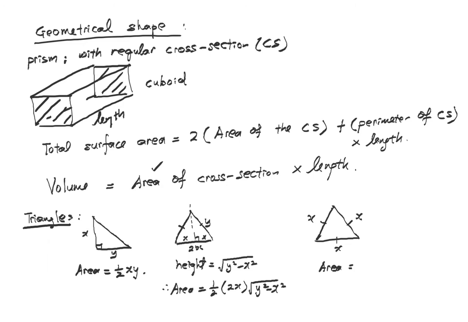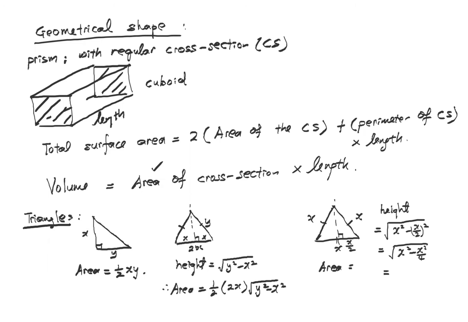Okay, if I want to follow the isosceles triangle, it will be like that. So here will be X over 2. So the height will be equal to square root of X squared minus X over 2, the whole thing squared. And this can be simplified. That is square root of X squared minus X squared over 4.